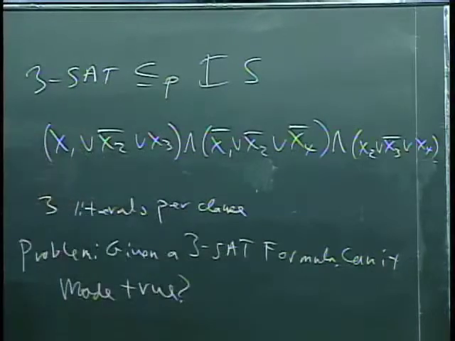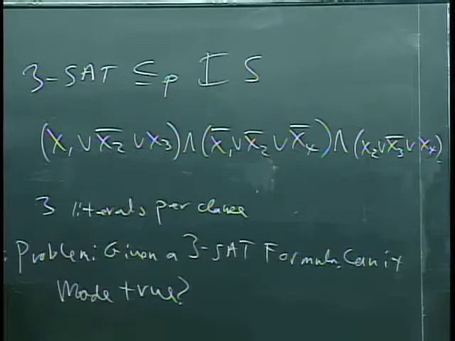And we're interested in algorithms that answer that kind of question. So this is our problem, let's say it's the y problem. If we look at y reduces to x, this is 3-SAT as our y.